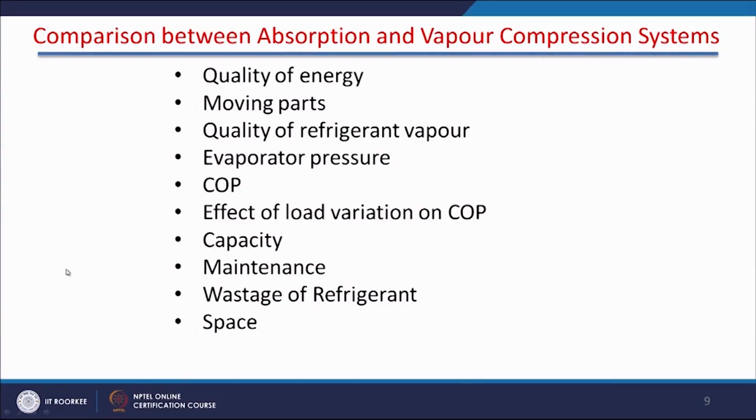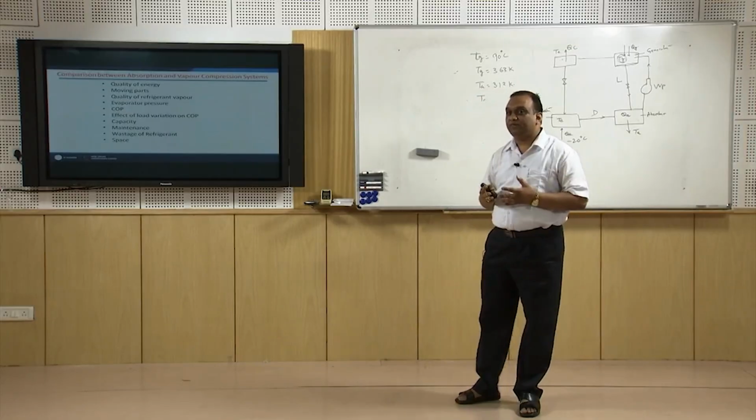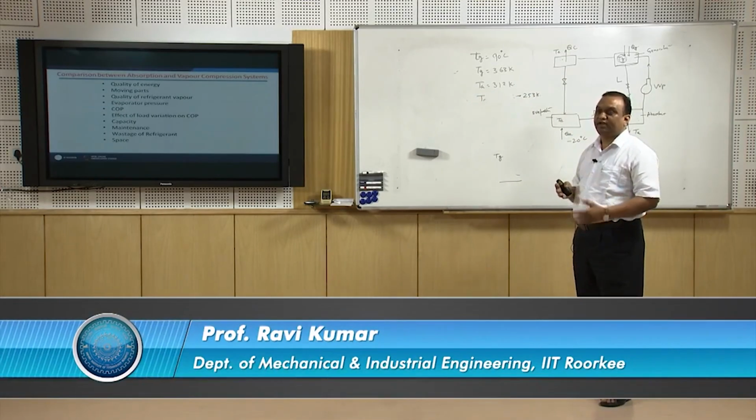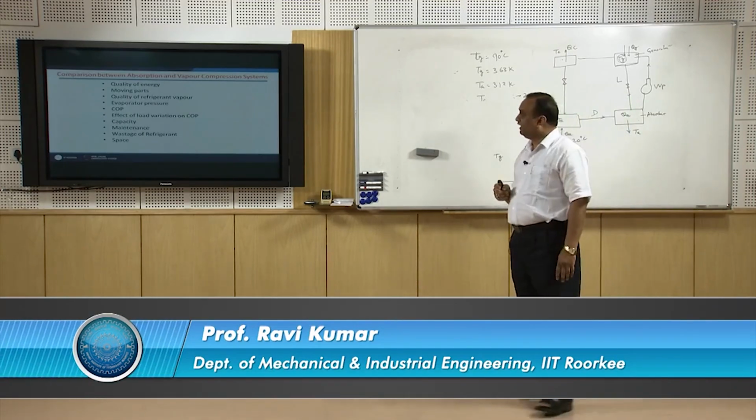Quality of refrigerant vapor. In vapor compression system, we have to ensure that the vapor leaving the evaporator is superheated or at least saturated, but the same is not the case here.